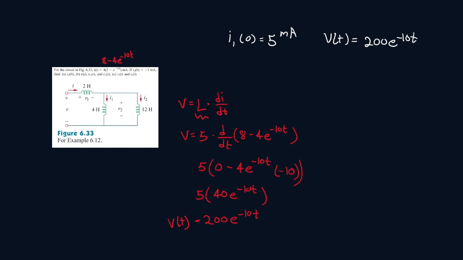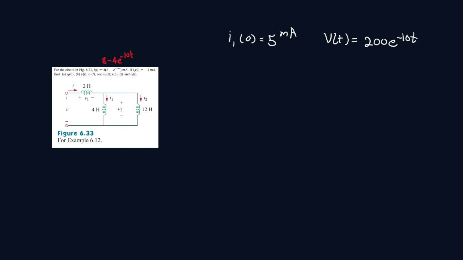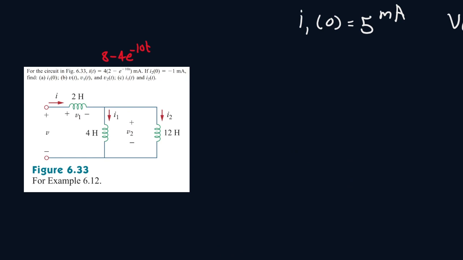All right, now let's find V1t, the formula for V1t. It'll be equal to the inductance at that region times the derivative of the current passing through it with respect to time.